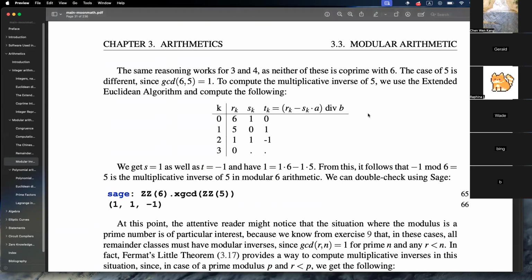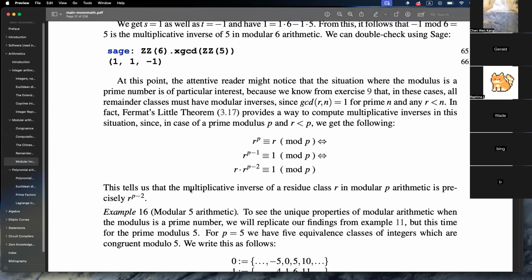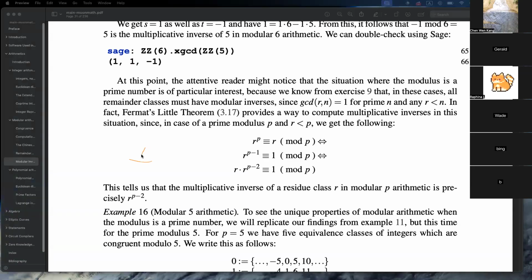To find the inverse of 4 in mod 5, one way is to use R to the power of P minus 2, right? Here P is 5, and R is, I believe, the value itself. So it's 4 to the, let me just get an annotation, sorry.